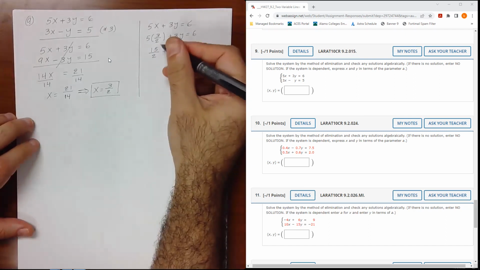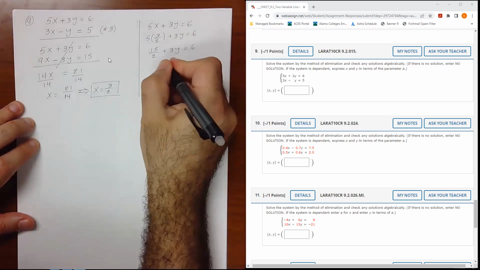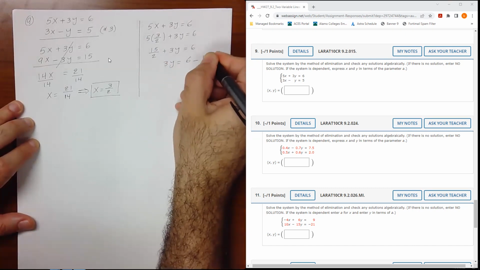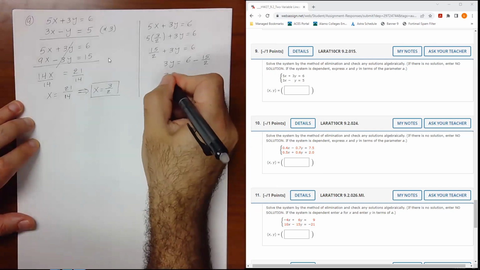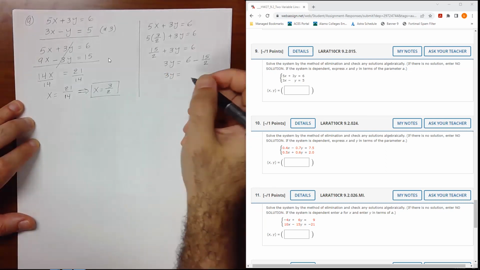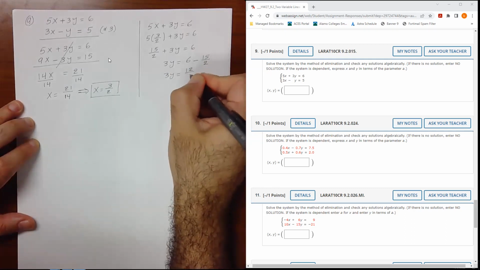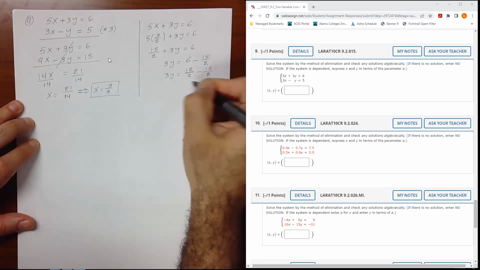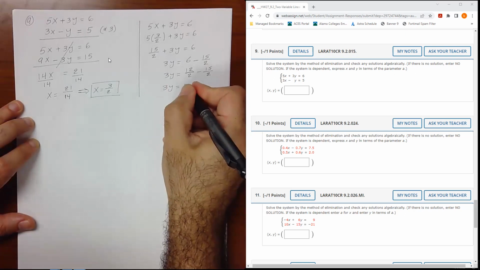Now subtract 15 over 2 from both sides. That means 3y equals 6 minus 15 over 2. Find the common denominator here. So 3y is going to be 6 times 2, so 12 over 2, minus 15 over 2. Now 3y is going to equal negative 3 over 2.